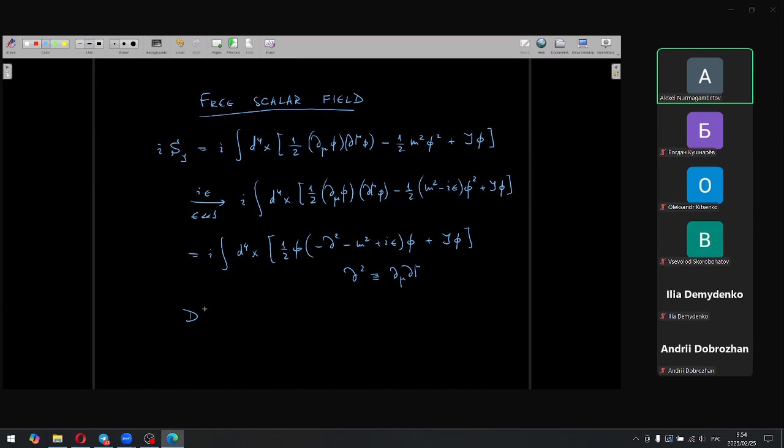Let's denote this Green's function as D depending on x minus y. Then, by definition of the Green's function, the action of the Klein-Gordon operator minus d squared minus m squared plus i epsilon on D of x minus y gives us the imaginary unit i times the four-dimensional delta function of x minus y.